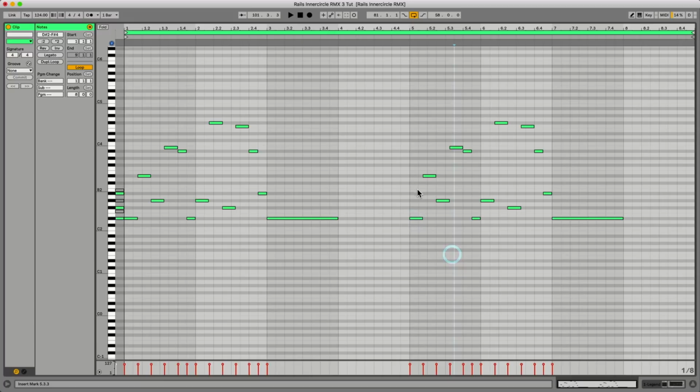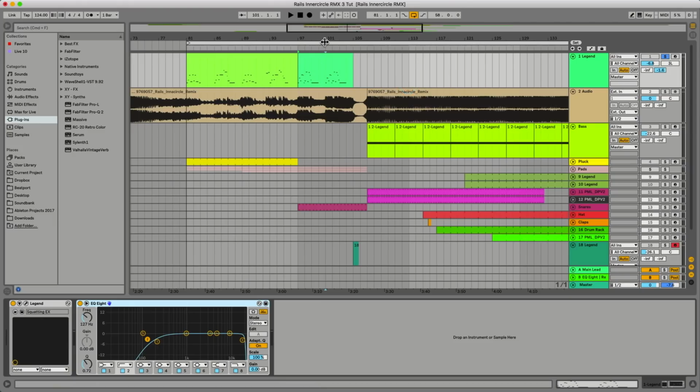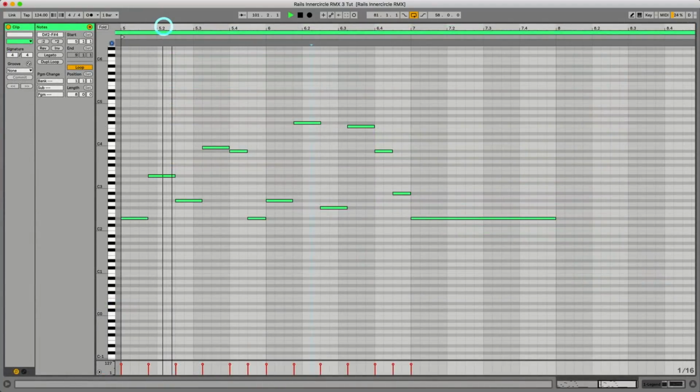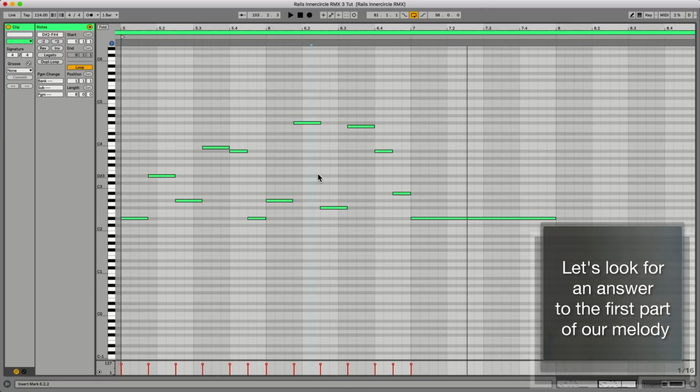Copy this, and I'm going to split the MIDI clip here. Okay, and now we are looking for kind of an answer to this, and I have in mind to break out here to the top.